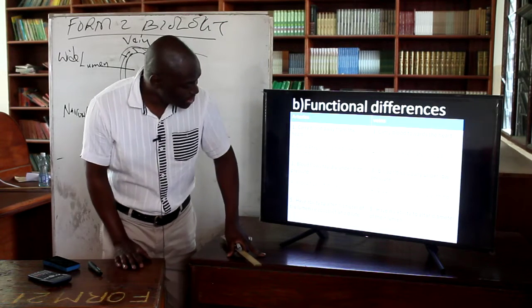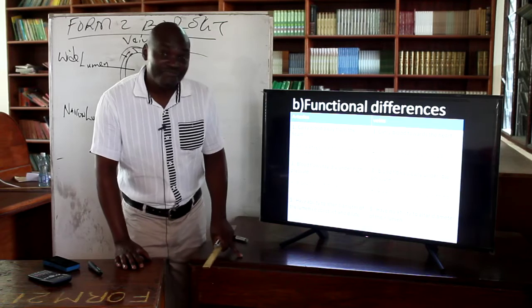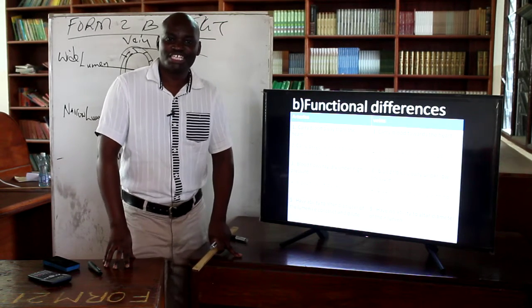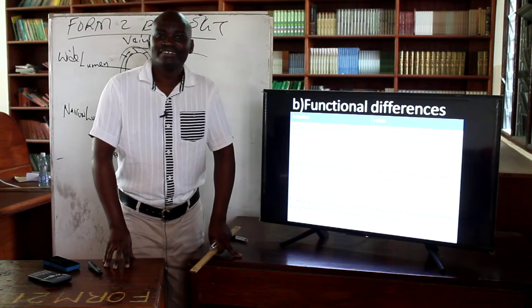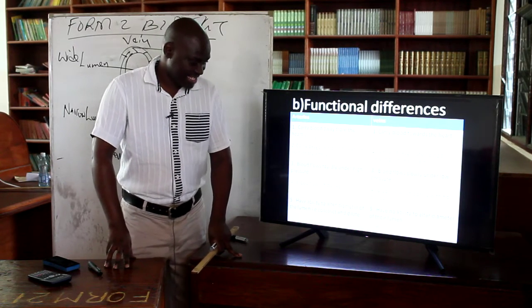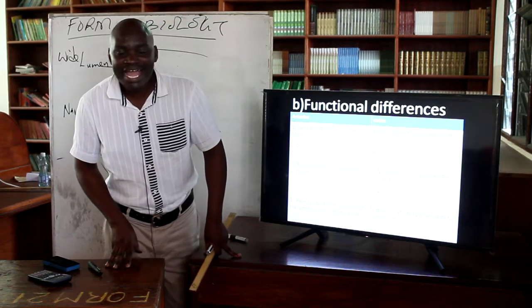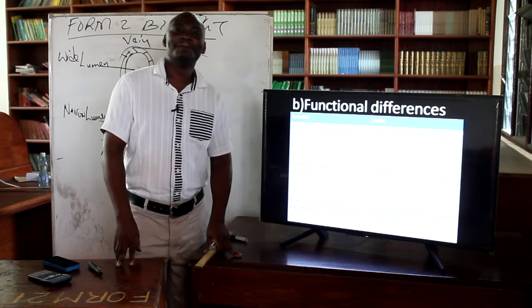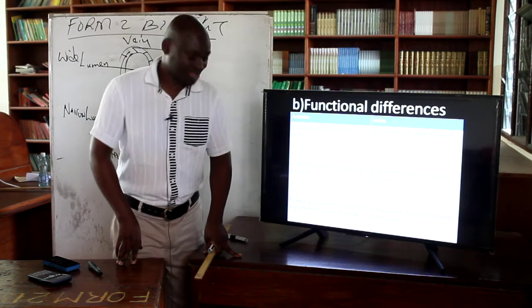That is a functional difference. Then number 5, the arteries have the ability to alter their diameter depending on the requirement of blood by certain tissues.